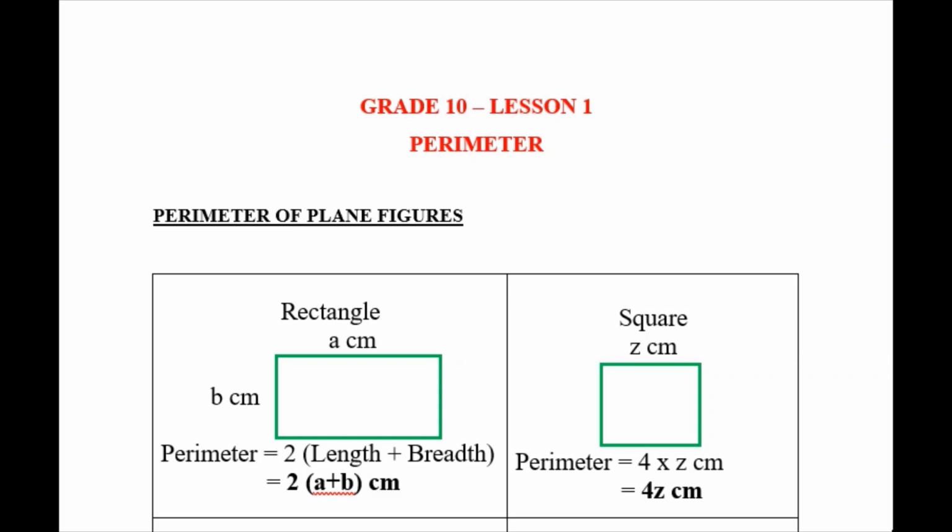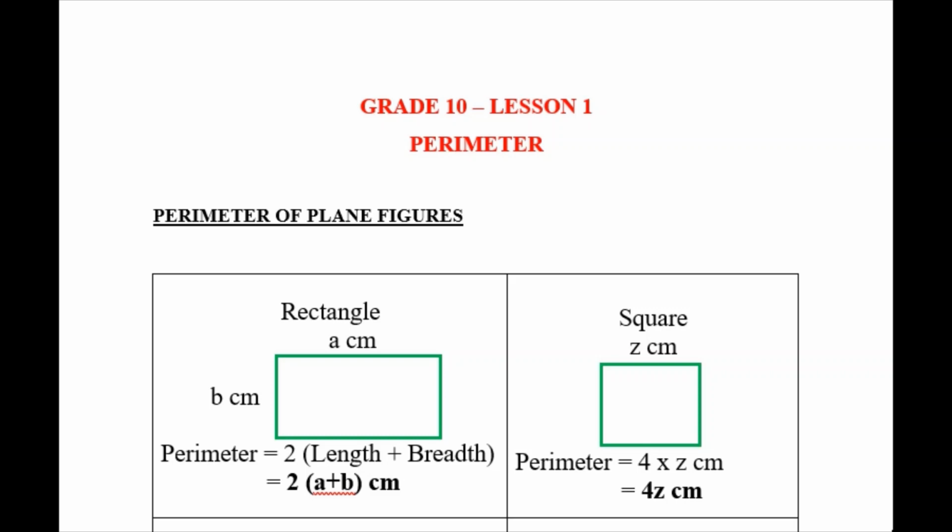We have a rectangle, and in a rectangle there are four sides. The long side is the length and the other side is the breadth, where the two lengths are equal in value and the two breadths are equal in value. Perimeter is the total length of the boundary of the enclosed figure, so when calculating it you should consider the boundary of the entire figure.